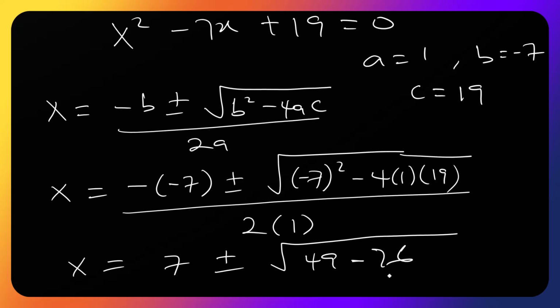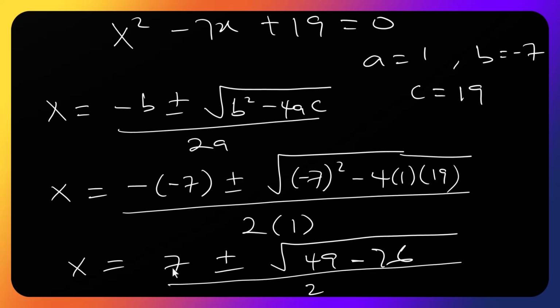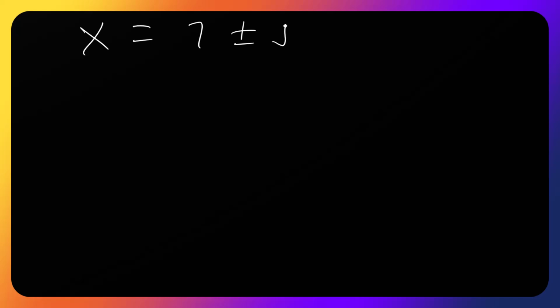Okay, so on 2, so we have x equals 7 plus or minus, so let's subtract this. 49 minus 76 will be minus 27, on 2. So this side will be complex.